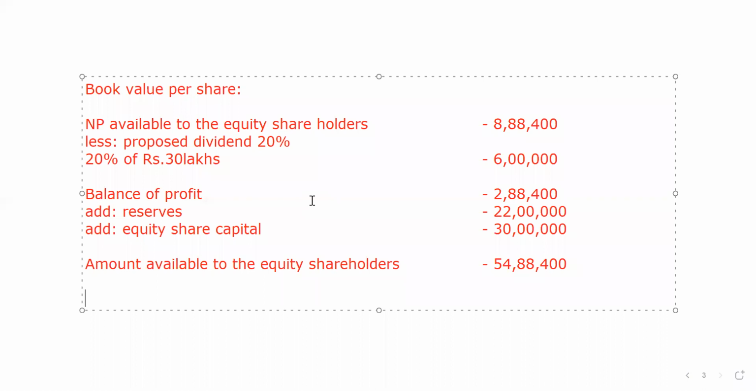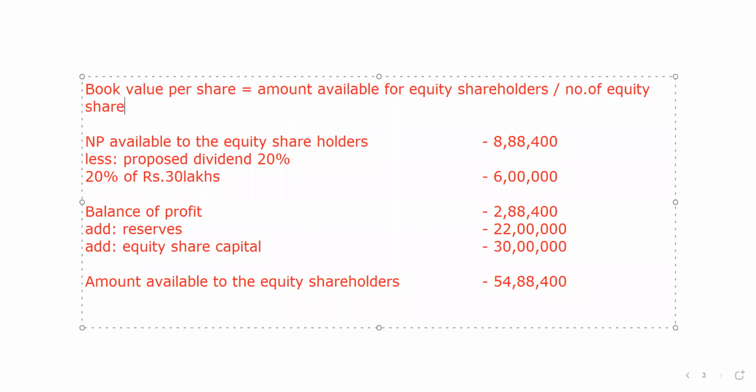Book value per share is equal to amount available for equity shareholders divided by number of equity shares.